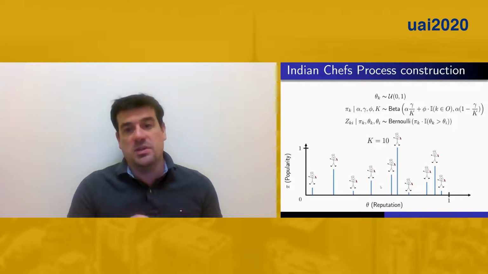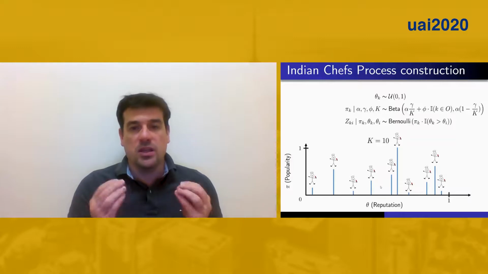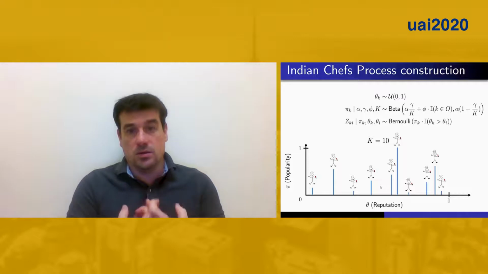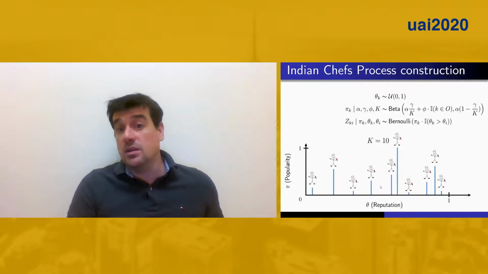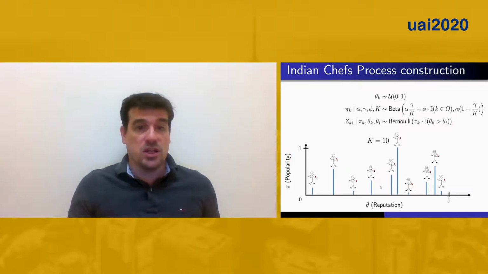All chefs will be associated to a popularity pi k, and this pi k is the probability for each node below them to connect to the chef itself. So the height of my chef here in blue is the probability that it will connect independently to all chefs below him. And Z is the occurrence of the connection or not. We will sample the Bernoulli random variable to determine whether there's a connection or not.